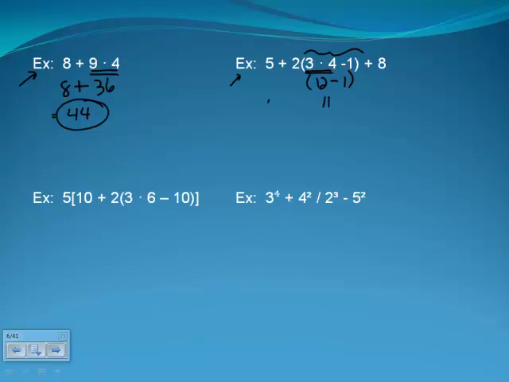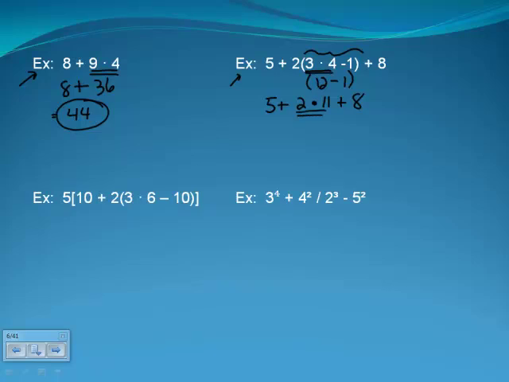And so now we have, because we haven't done the other operations, 5 plus 2 times 11 plus 8. Now that 2 is being multiplied to that group, so I'm going to put in a multiplication dot. You can leave the parentheses in there if you want to. Now we have addition steps and one multiplication step. Multiplication comes before addition.